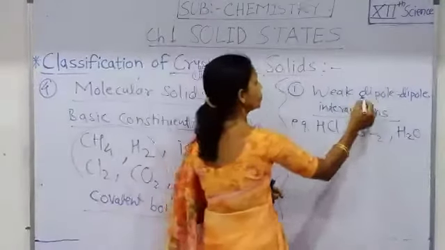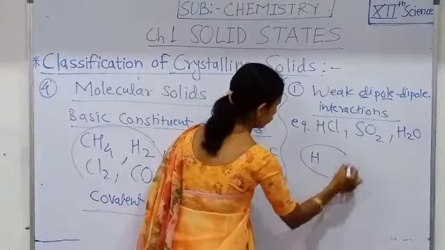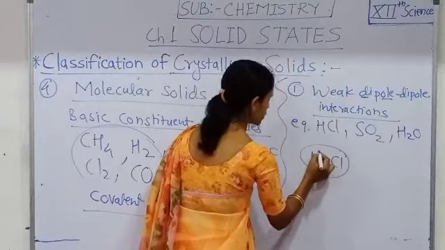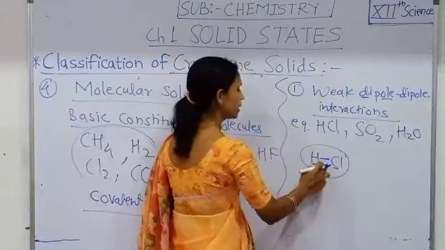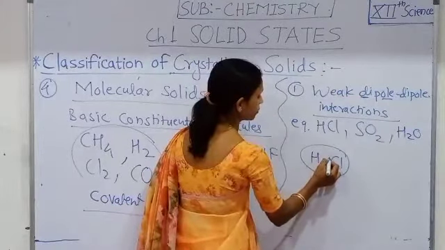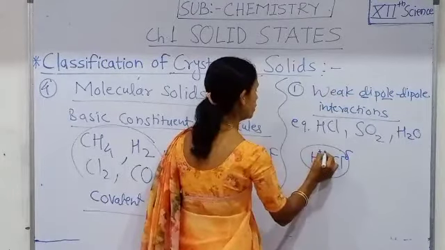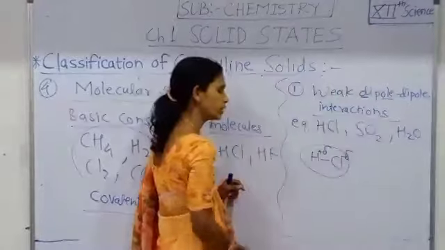Dipole, all of you studied in 11th standard. For example, in the HCl molecule, the H atom and Cl atom contain a covalent bond, and Cl possesses a partial negative charge while hydrogen possesses a partial positive charge.